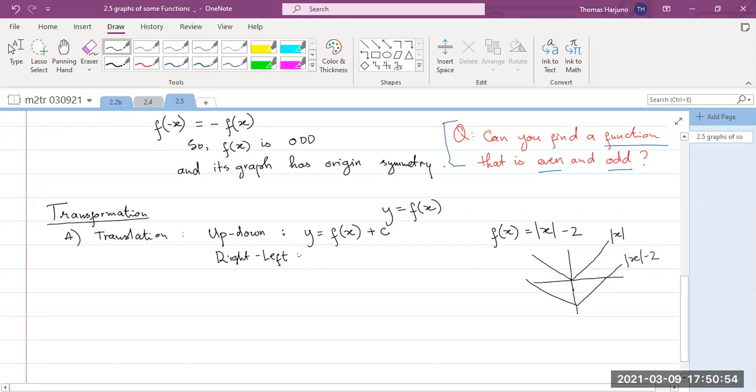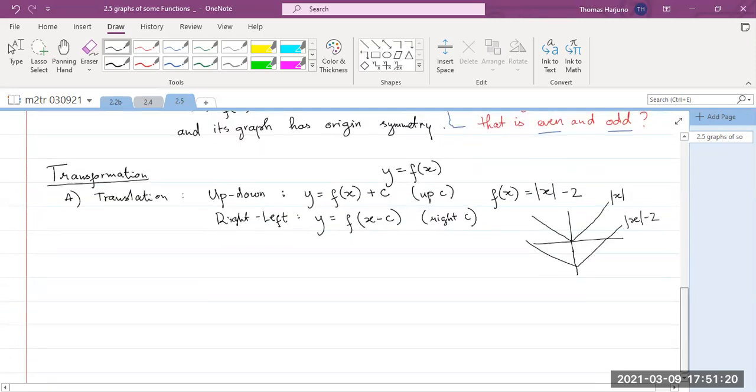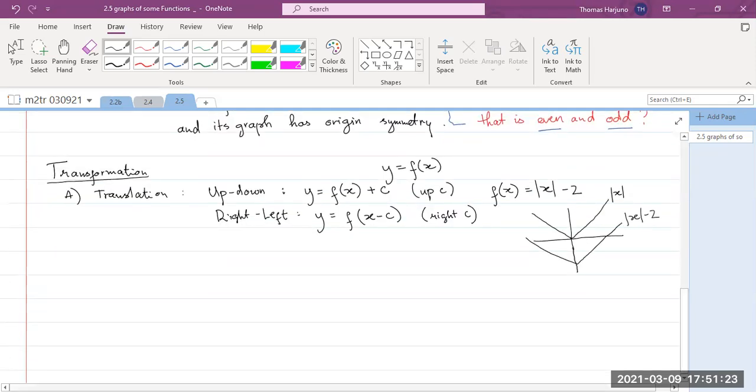Now, to move left, right, we will replace the x by x minus c. That will move c units to the right. This is up c. This is to the right c units. Now let's do some example first.